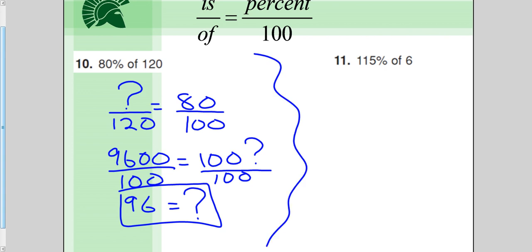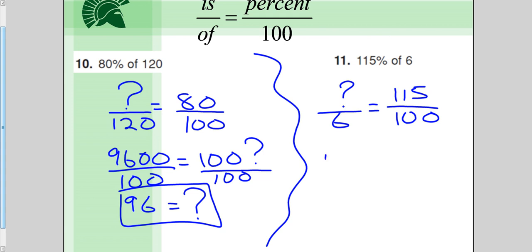For our second problem, the question we're asking ourselves is, what is 115% of 6? What is is what we're looking for, 115% of 6. This number should actually get bigger when we're finished, since 6 is the 100 and the percentage is over 100.